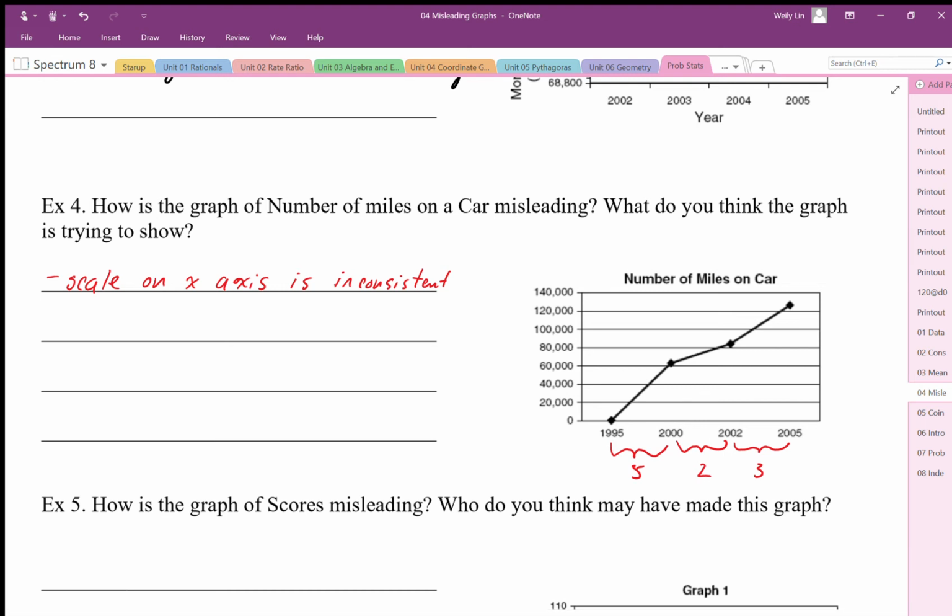Well, it looks like maybe it's trying to show that it's kind of tailing off a little bit here, but really, if we did the proper scale, okay, it's going at pretty much a steady rate. All right, so it's probably trying to show that the miles on the car is decreasing.